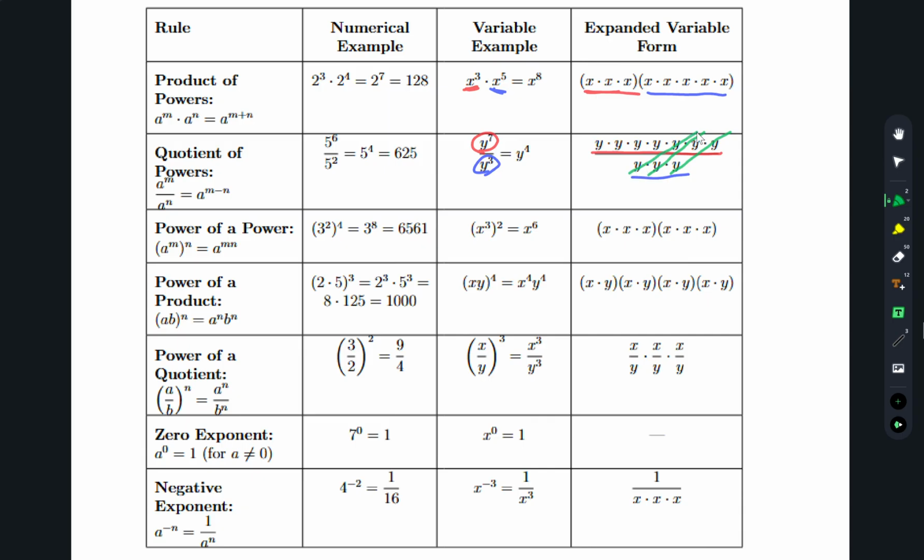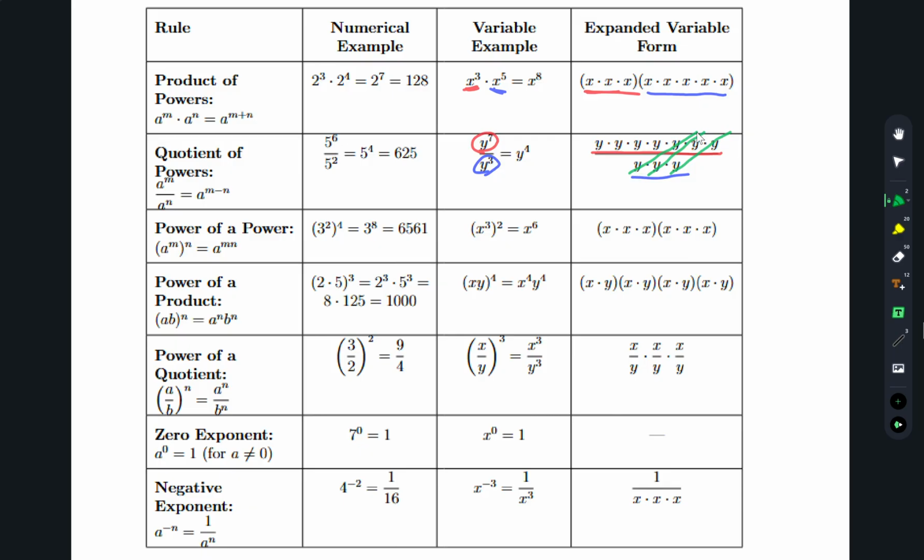Those big slashes aren't slashes, they're ones, just big slanty ones. So I'm going to be left with 4 y's on the numerator. I don't think of the subtraction necessarily, I just think about how many are left on each side.